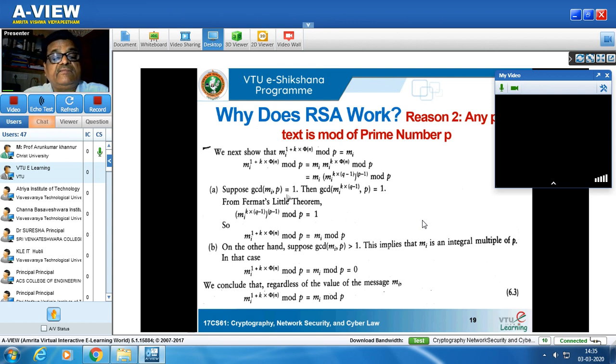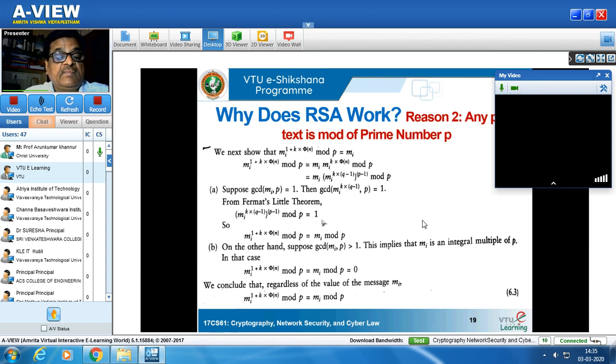The GCD of both these numbers is 1, then GCD of mi raised to k into (q minus 1) comma p equals 1. This is from Fermat's little theorem. Then we simplify this. mi raised to k into (q minus 1), then whole bracket raised to p minus 1, mod p equals 1.